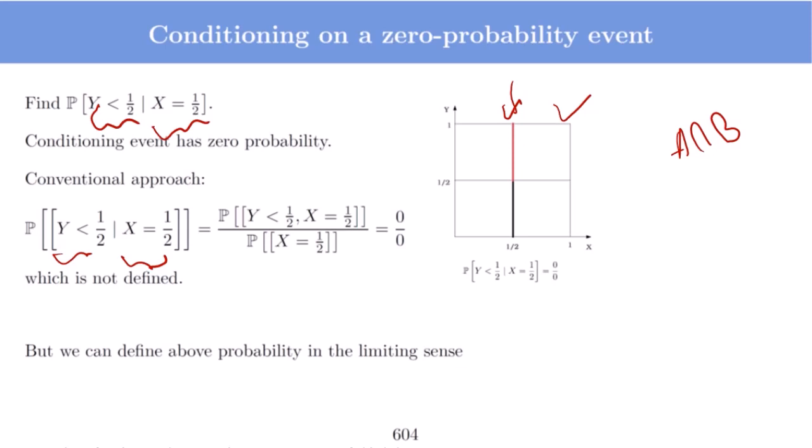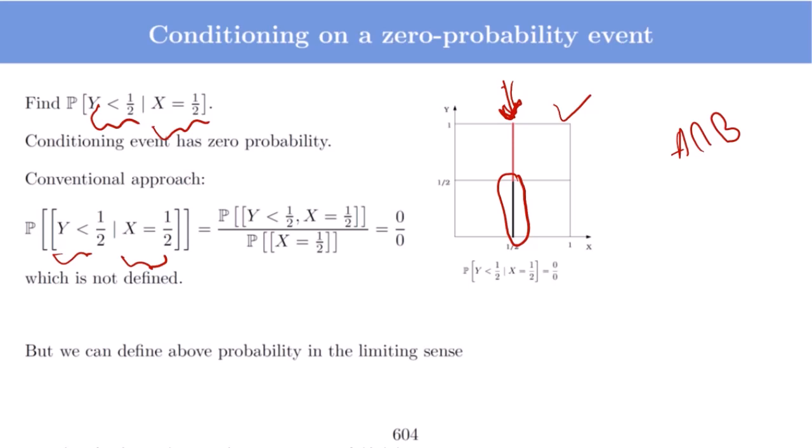This is the event A intersection B, because here x is half and y is less than half. And B is the whole line. So I have to compute the relative measure of this black line with respect to this red line.